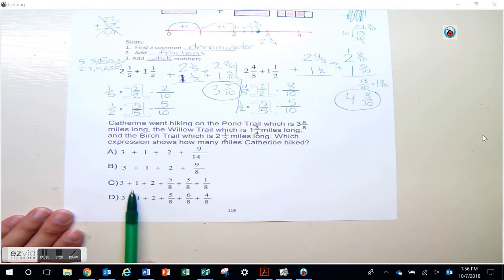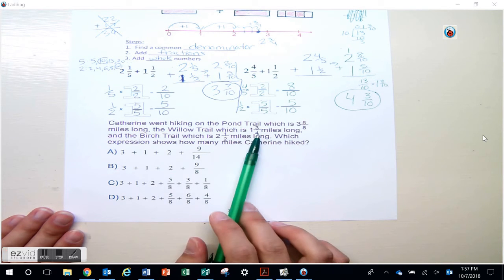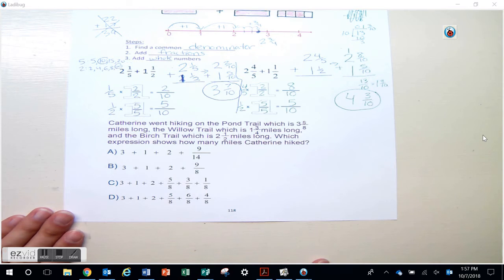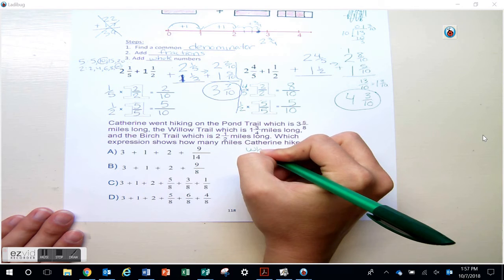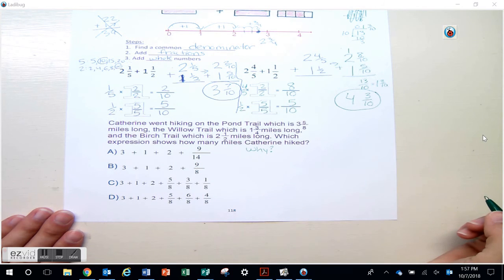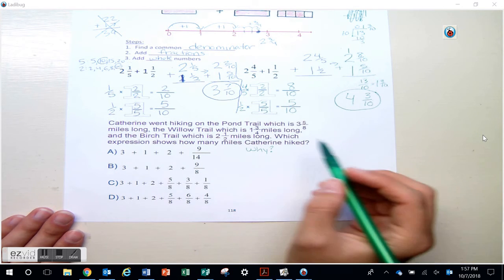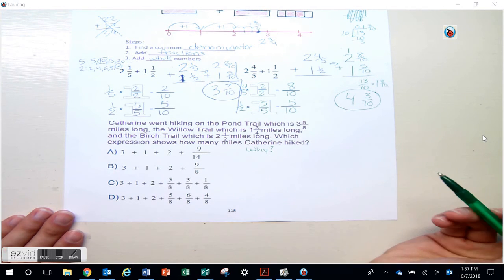Well, here I don't see a final answer. So which one could we use that's similar to these that would give me the same exact answer? Think about it and ask yourself why. Why is that one equal to how many miles she hiked?